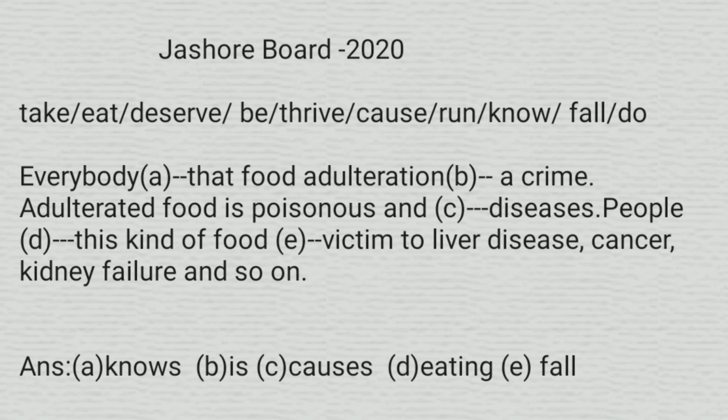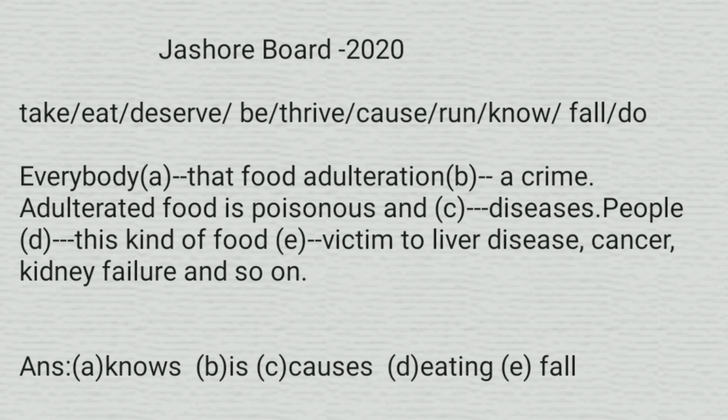People dash this kind of food dash victim to liver disease, cancer, kidney failure and so on. Here the answer will be: people dash this kind of food. People eating this kind of food.